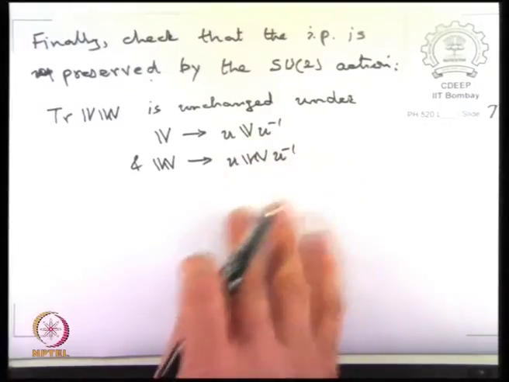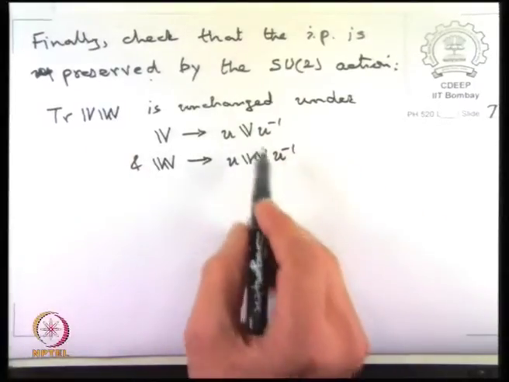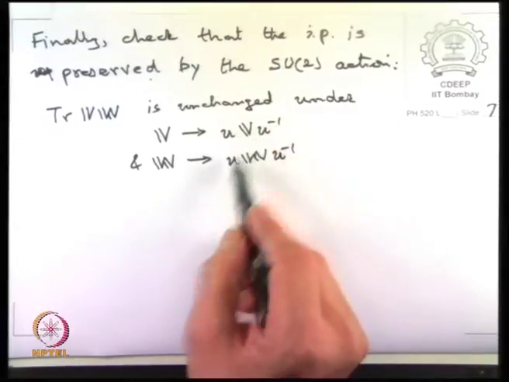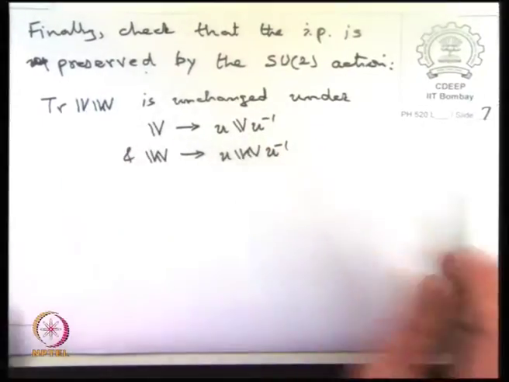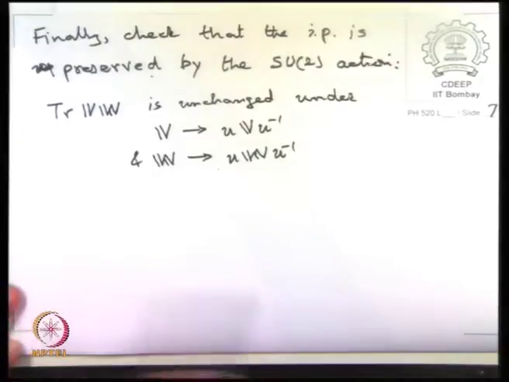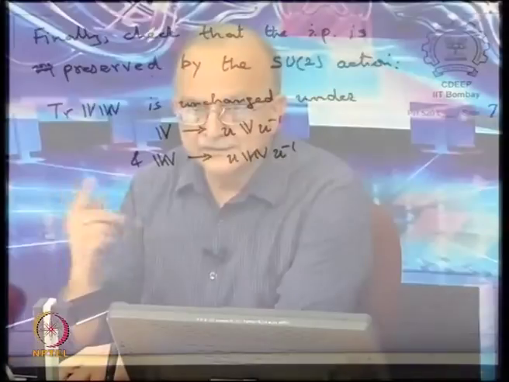Right, because you insert these in the trace, firstly this U inverse U is going to multiply in the middle, and then under trace you can always cyclically change the order of the matrices.